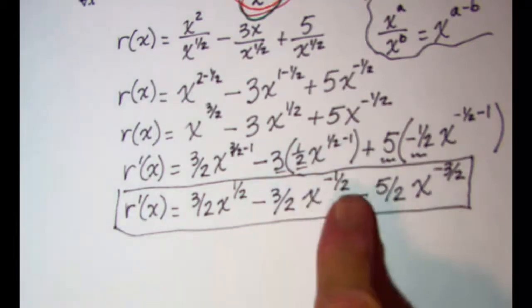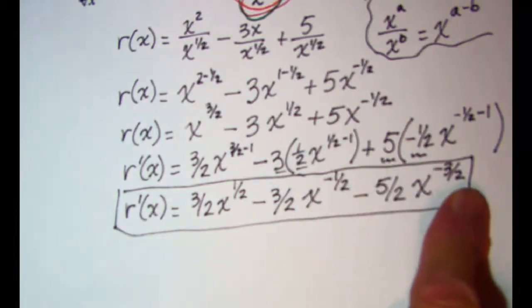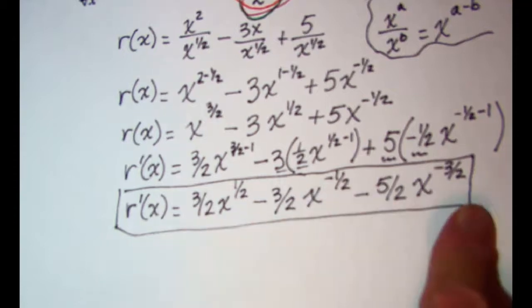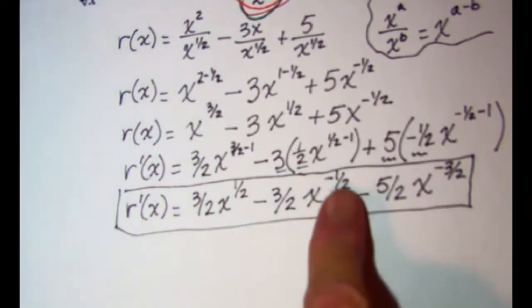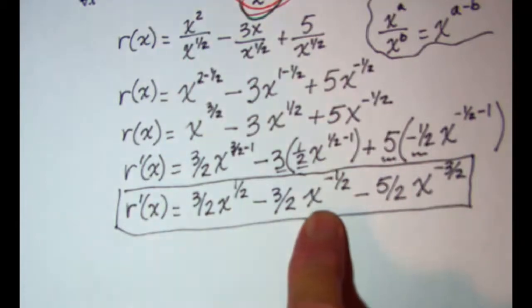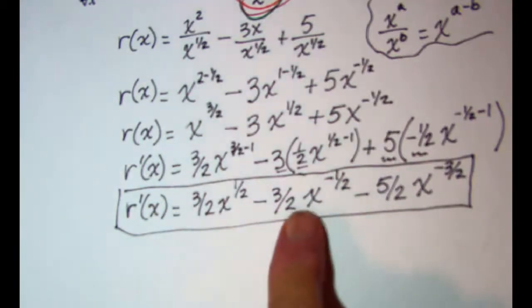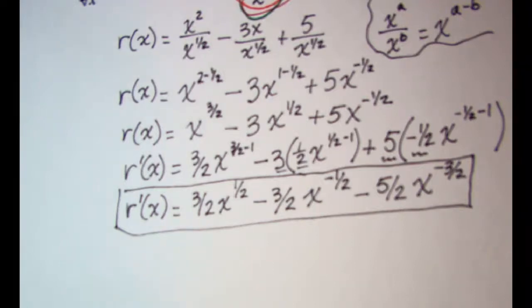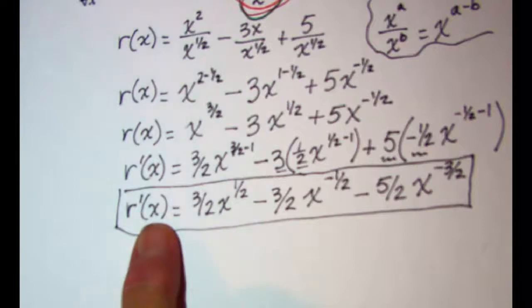So since these denominators are all 2, these are all square roots. Also the negative exponent, I could bring that factor down to the denominator if I wanted to. But right now let's just focus on finding the derivative. So that would be the derivative of the function r.